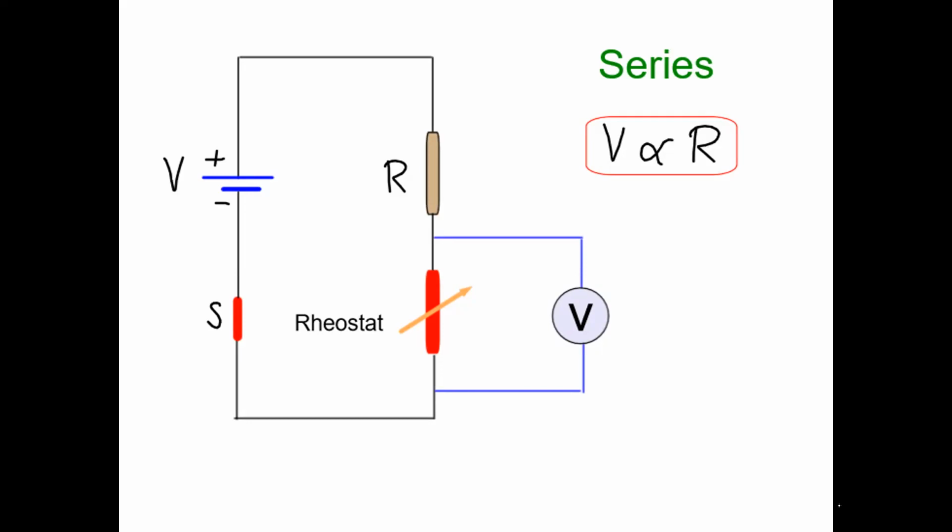Now, Hamad, you have to look at this circuit, and there is a rheostat. Can you tell me what is a rheostat? What is a variable resistor or rheostat? It is used to alter the resistance.